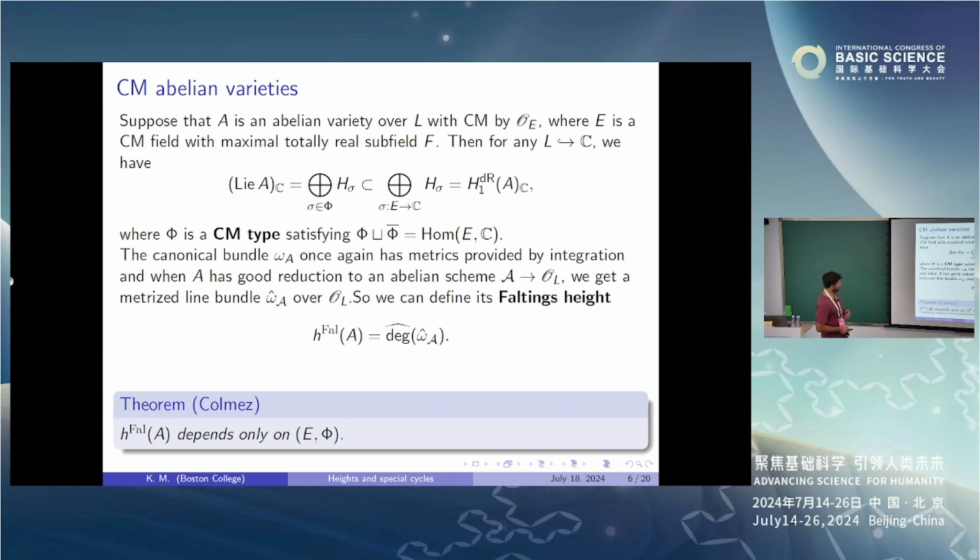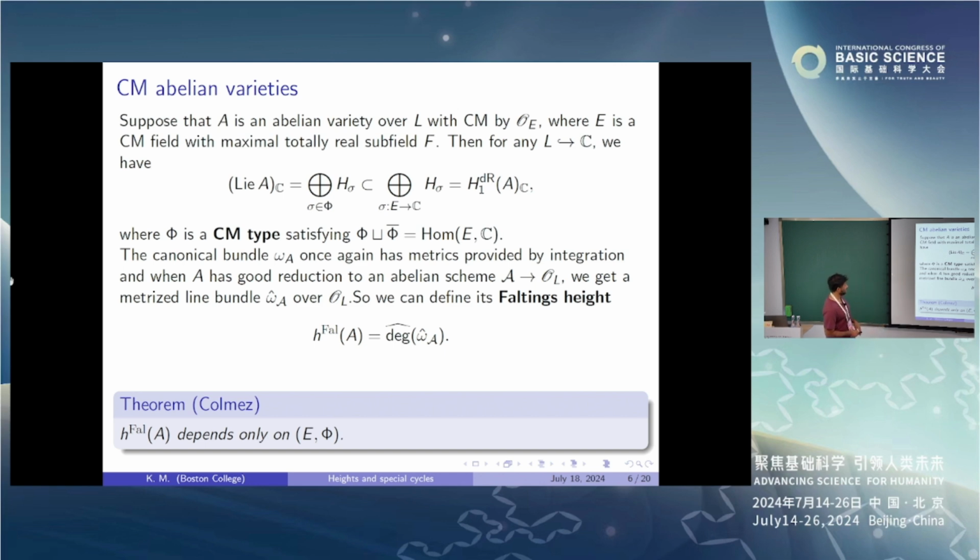Colmez showed that the Faltings height is actually an invariant of the CM type. The Faltings height doesn't depend on L because there's a normalization by the degree of L, so by definition, the way I've defined it, it is insensitive to field extensions.